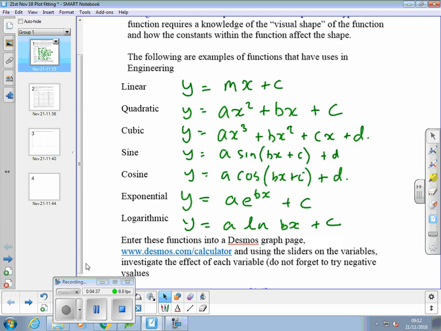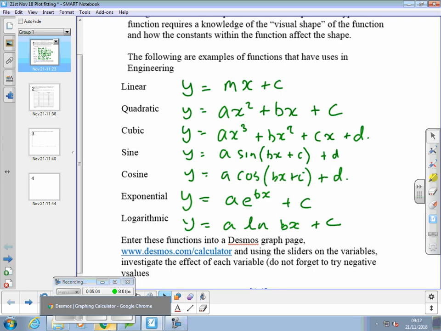Right. What I want to show you, and you'll be familiar with it because I've used it before, is a useful thing with the online graphing software Desmos: we can put these constants in, the A's, B's and C's, and add a slider so you can see what the effect of changing that constant does to the shape of the graph.